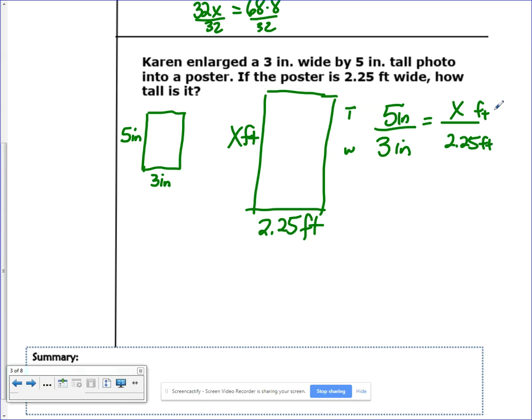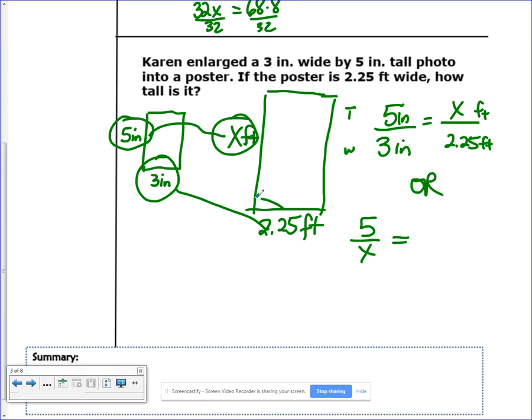Inches, inches, feet, feet. Or you could set it up this way. I want to match up tall side to tall side. You could say 5/x equals 3, which matches up with this one, 3/2.25. Oh my gosh, you could do it either way.